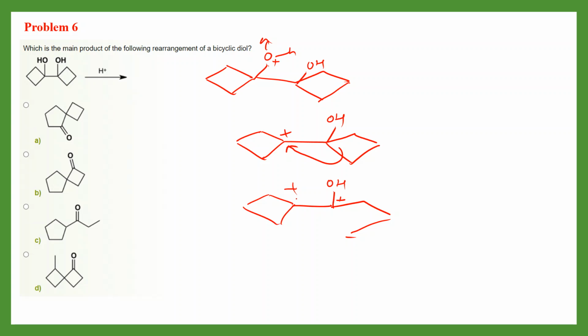And how many member ring will form? One, two, three, four, five. So let's draw. Have I drawn correctly? Now tell me, will further rearrangement take place or not?